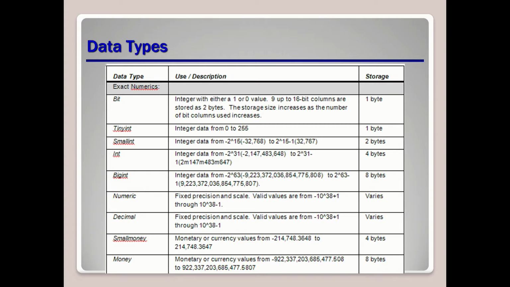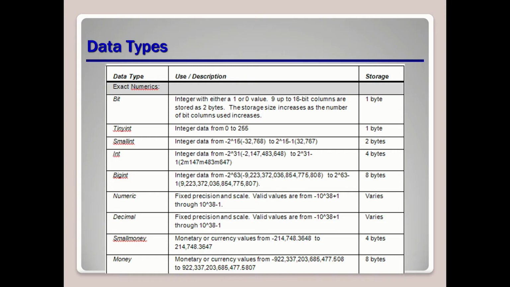You have your smallmoney, monetary or currency values from negative 214 million to, if you round up, 215. Actually it's thousands because there's a decimal there. So 214,000 rounded up to 215,000 for smallmoney.